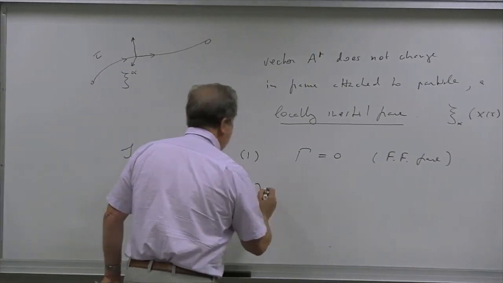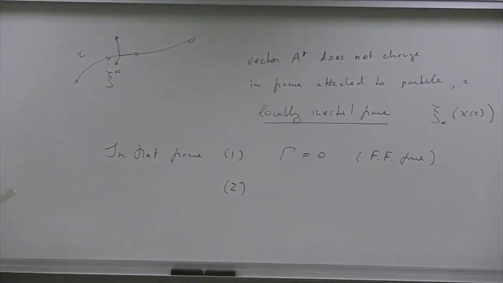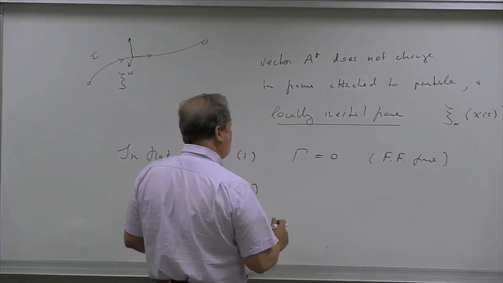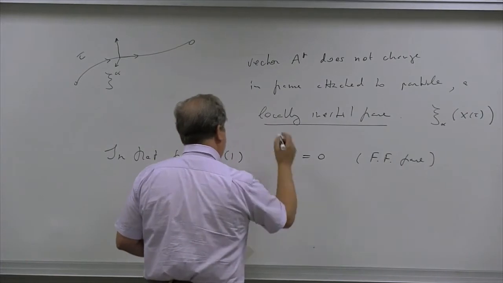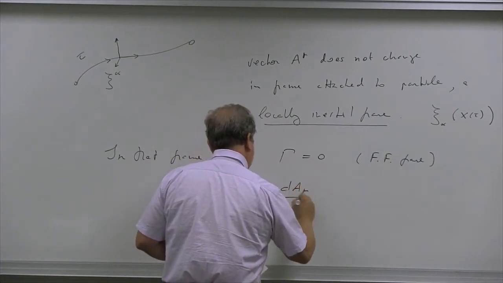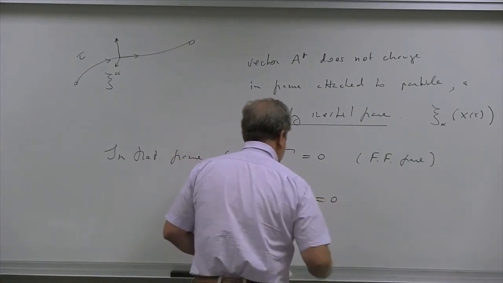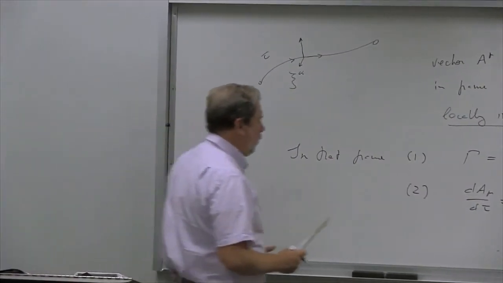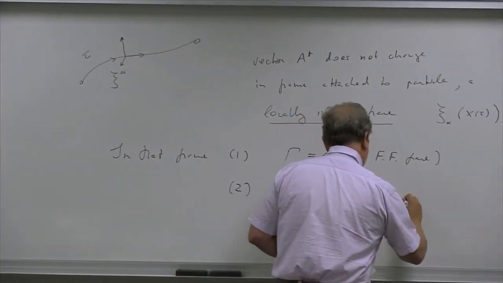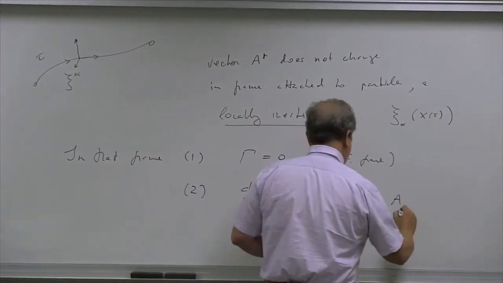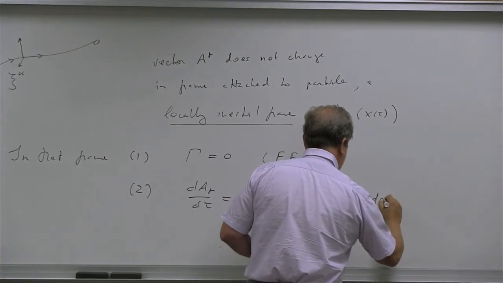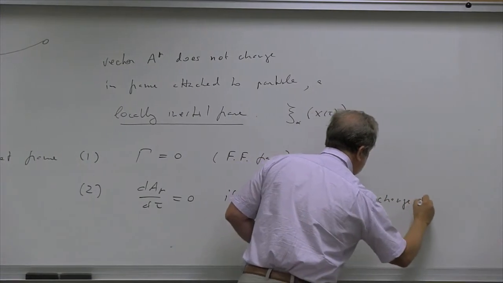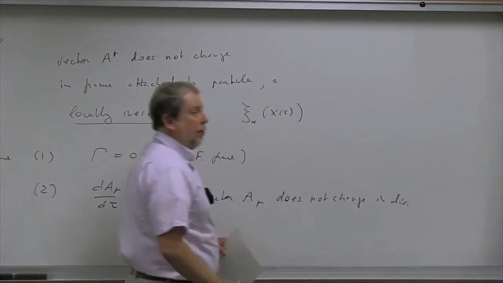And the second thing that happens in that frame is that dA mu by d tau is equal to 0 if vector A mu does not change in direction.